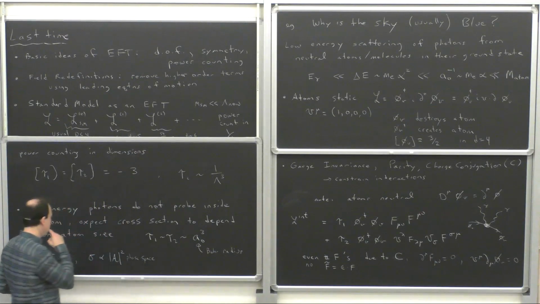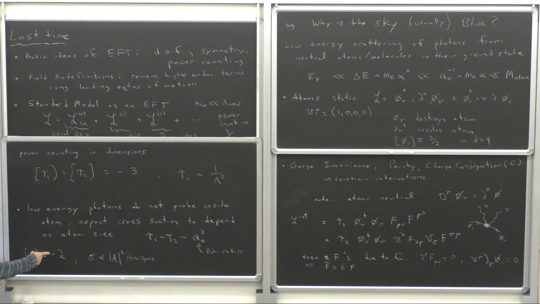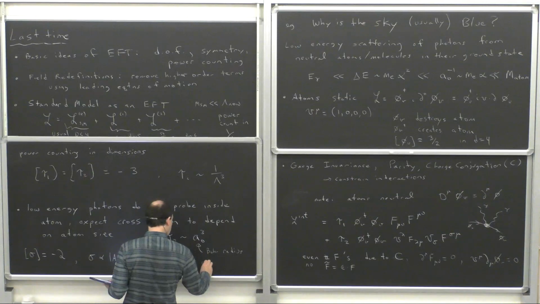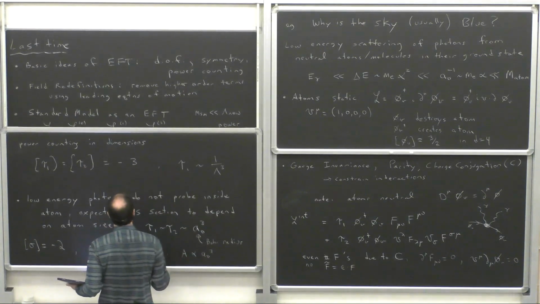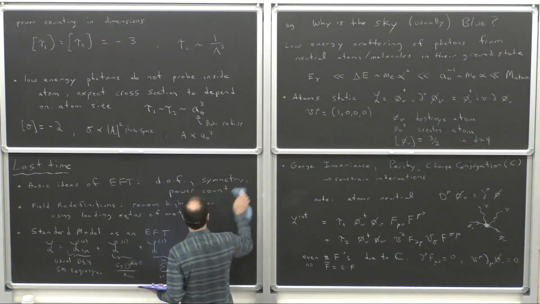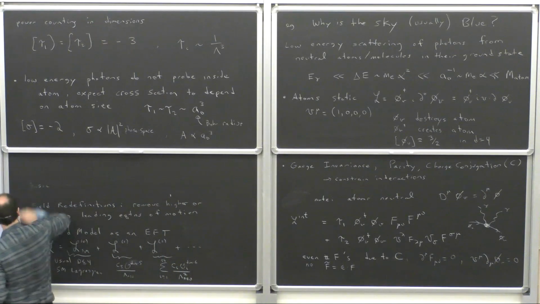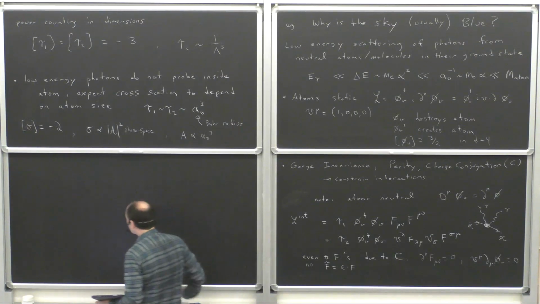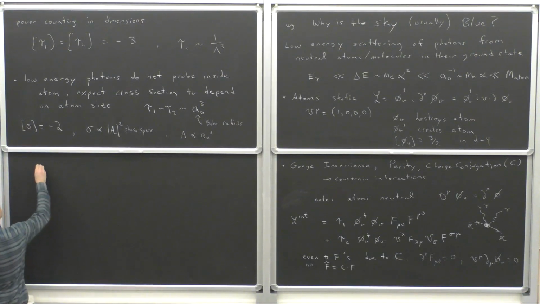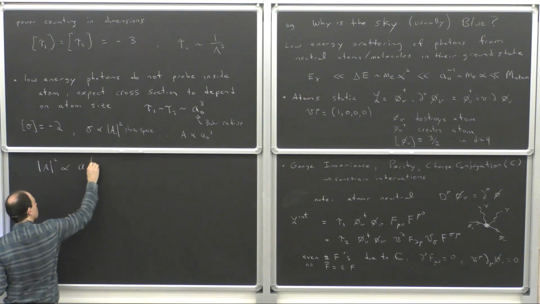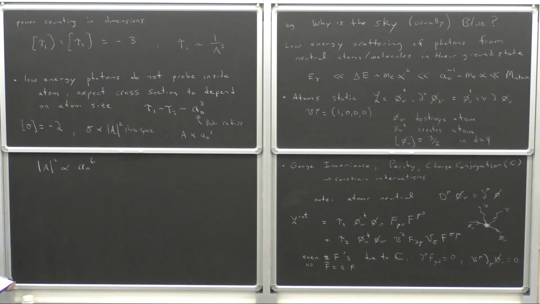But what do we know? Well, just from dimensions, we know that the A goes like A0 cubed. And that means the A squared is going to go like A0 to the 6th, just by tracking the A0s.